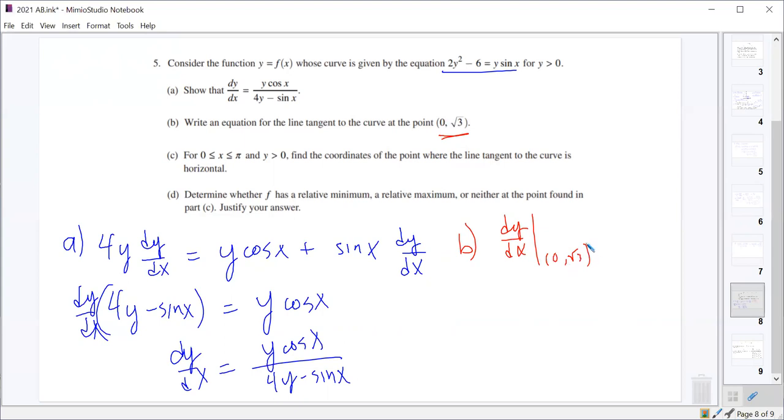If x is 0 and root 3 is y, this ought to become root 3 times the cosine of 0. So that's just root 3 times 1 over 4 root 3 minus the sine of 0, which is just 0. So this just ends up being a slope of 1/4. Everybody go with that? Since they gave you a y-intercept, you can just write it as y equals 1/4 x plus root 3.